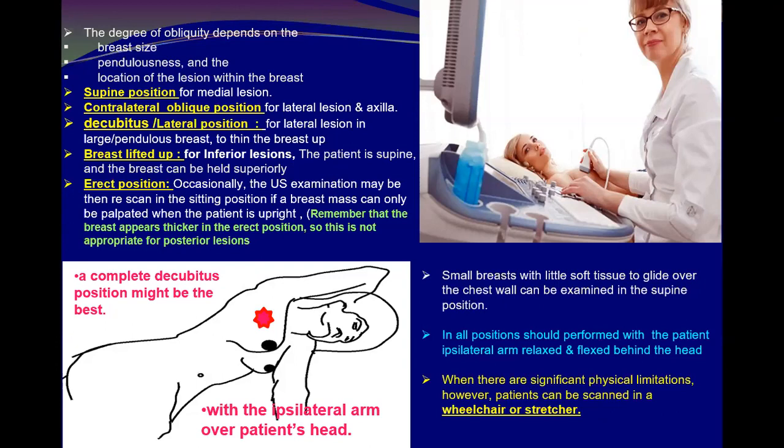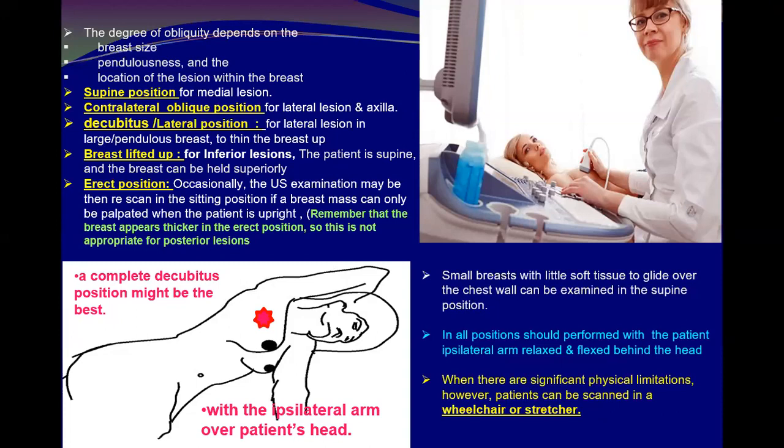But while scanning her in the supine position, if you could not palpate the lesion and the patient could not palpate it, ask her to sit upright and scan her. And in all situations, the hand or shoulder on the ipsilateral side of examination should be relaxed and fixed behind the head.